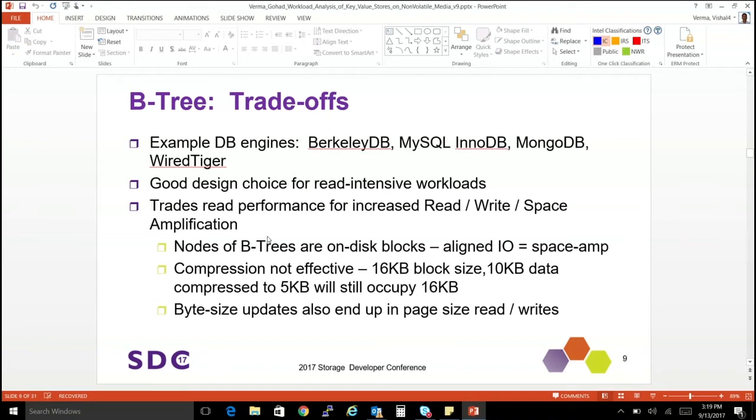If you have a 16K block size, and your data is 10K, and you spend time compressing it and it turns out to be 5K after compression, it will still be stored in those block sizes, because that's the minimal block size it uses, which is good for storing data on the disk, because the larger the block size, the higher performance you get. But we are looking at the fragmentation piece here, which adds a lot of amplification.